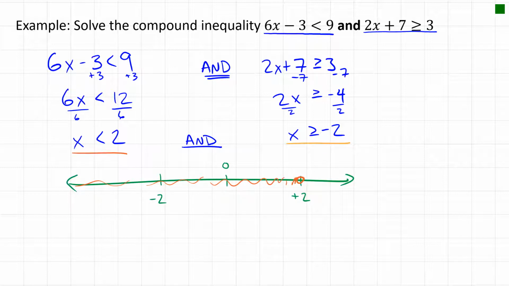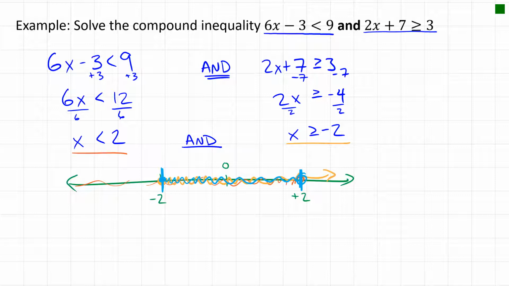And over here on the right, we have that x is greater than or equal to -2, which means that -2 could be included, but x must be greater than that, heading over to the right. So what we see is that there's this region of overlap, not including +2, where all the numbers between these two points satisfy both inequalities. The left-hand inequality is true and the right-hand inequality is true.